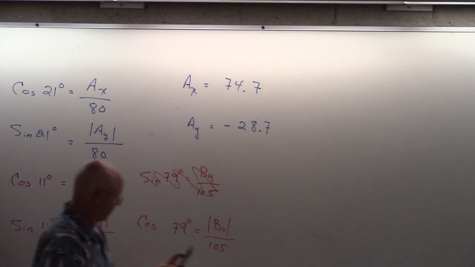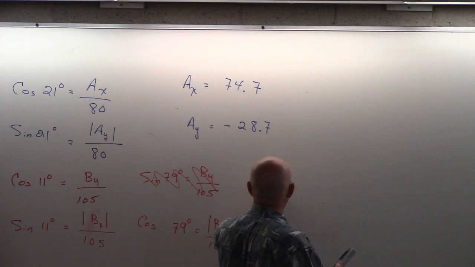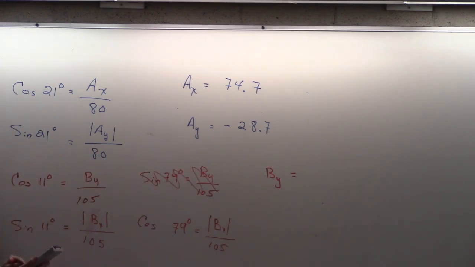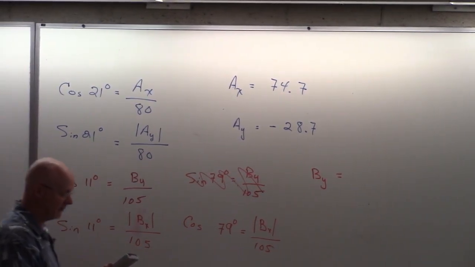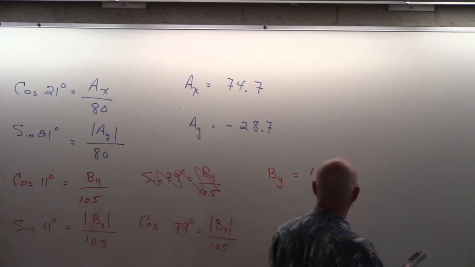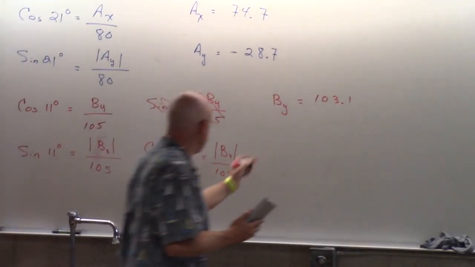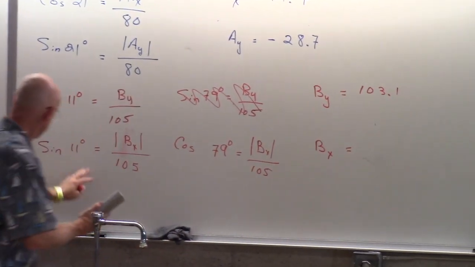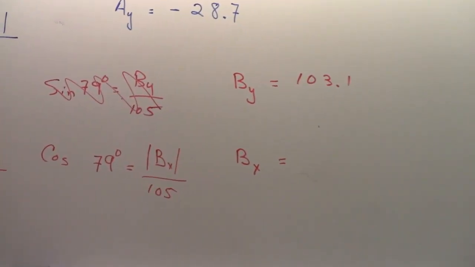For B, changing colors here, By would be cosine of 11 times 105, and that would be 103.1. And then Bx, using this, would be sine 11 times 105.